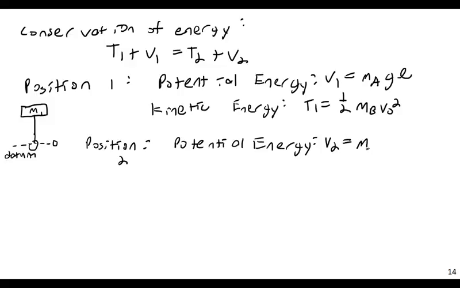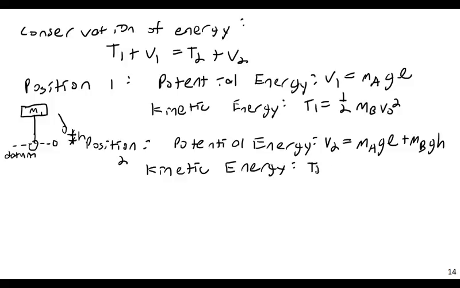When it swings up, I'm going to define the height that it swings as H. So MA G L, that's not going to change, plus MB times G times H. Then at point 2, we'll have a kinetic energy, T2, equal to 1/2 times MA plus MB times VA2 squared.